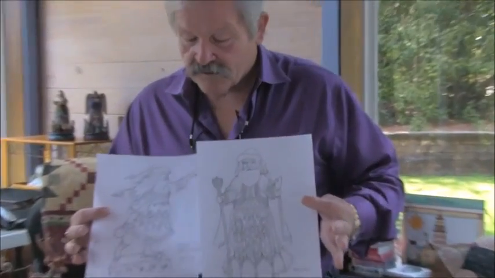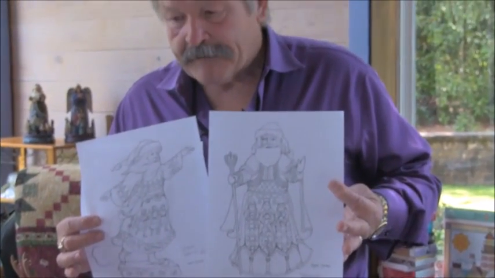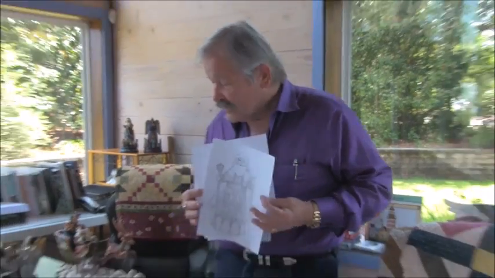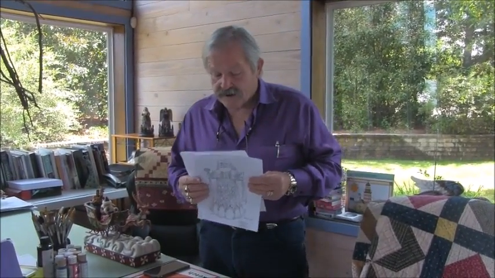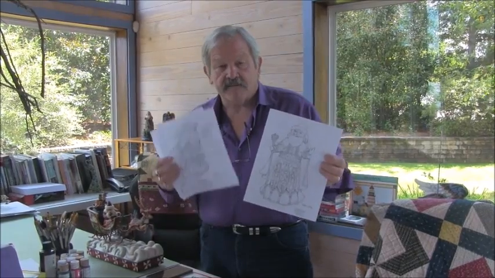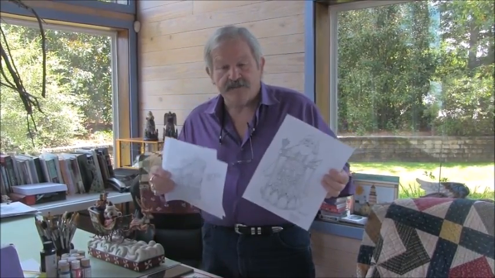Starting out with the process, with a lot of the pieces that I do, I start out with drawings. Here are just a few examples of the way we start out. Now this is not absolutely essential to get started, but it's a way of communicating my ideas to the other people in our organization that need to know.